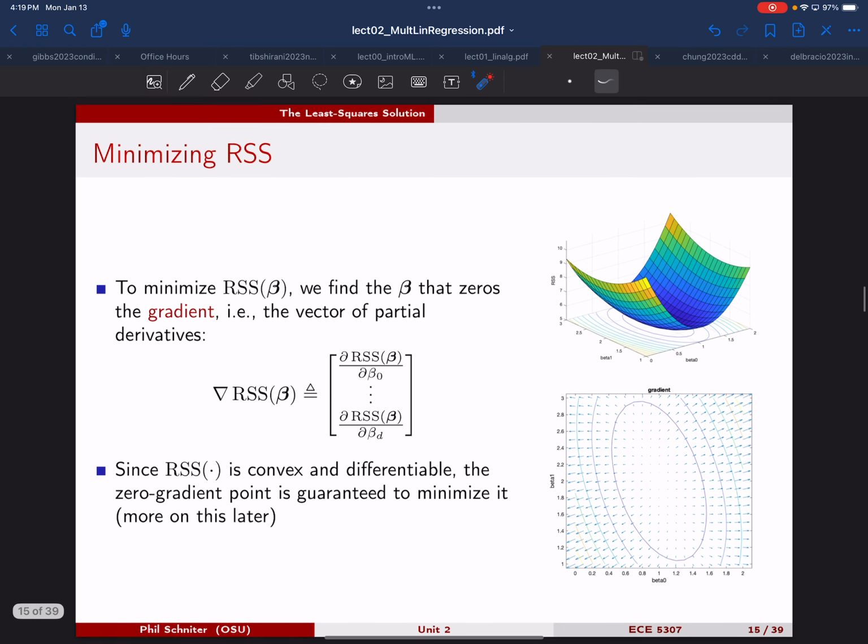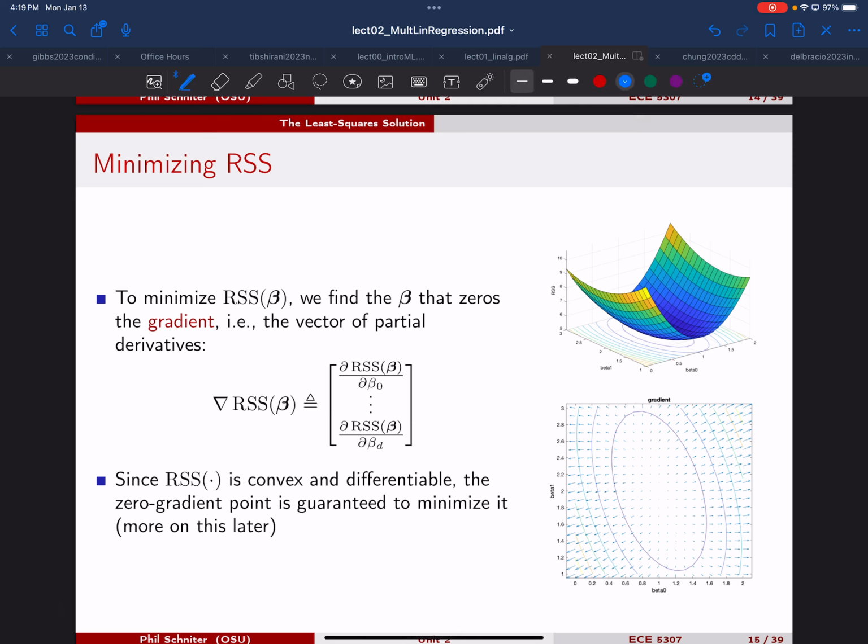All right, so let's pause for a moment and think about the simplest case, which is what happens in one dimension. Let's just imagine that all I'm going to do for right now is optimize the beta 0 parameter. If you imagine that RSS as a function of beta 0 alone, it looks like this parabola.